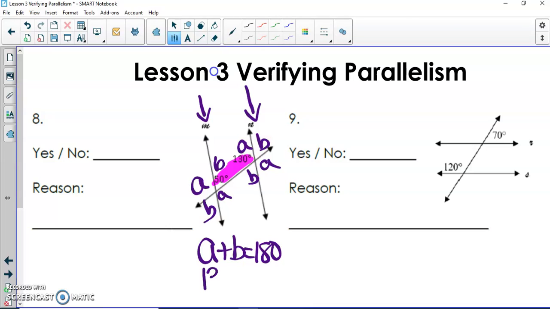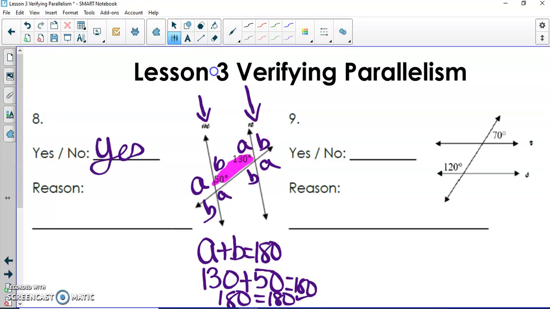So I have 130 plus 50. They are equal to 180. So check. This is a yes, and they're on the same side of my transversal and the inside, so they are consecutive interior angles.